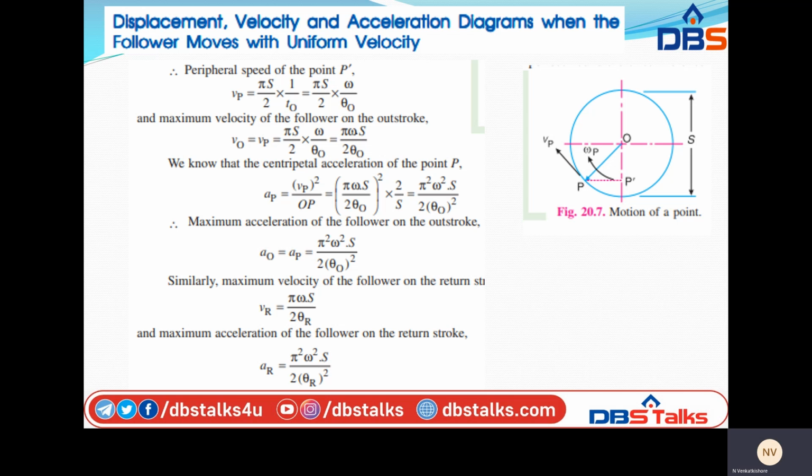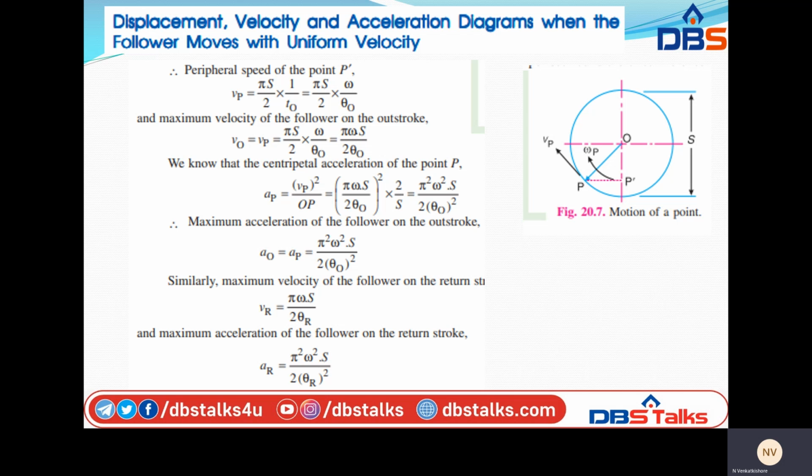The maximum acceleration of the follower on the outward stroke, a naught, is equal to ap, equal to pi square omega square S by 2 theta naught square.